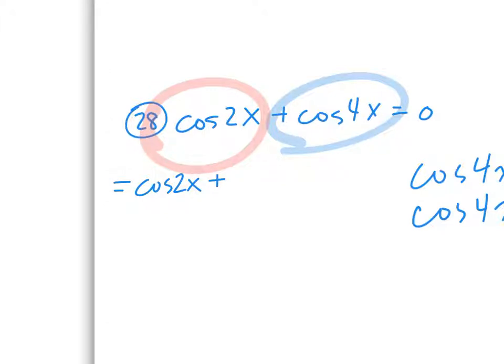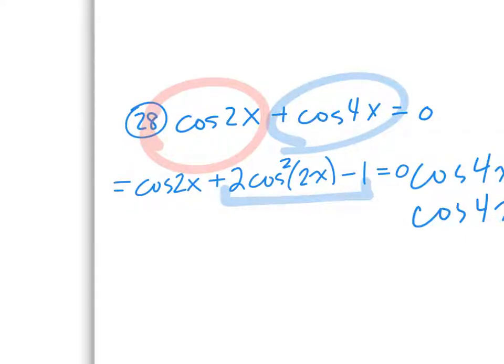Cosine 2x is the same as... the double angle formula. What was it? 1 minus 2 cosine squared? No. 2 cosine squared x minus 1. Is it x or 2x? 2x, because our variable is 2x now. Does that part make sense?